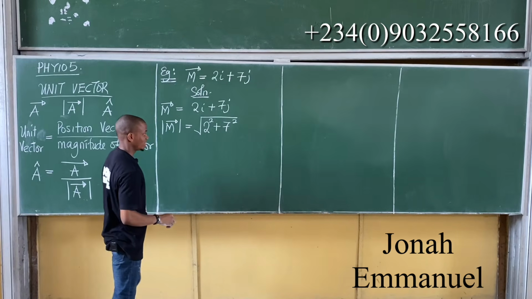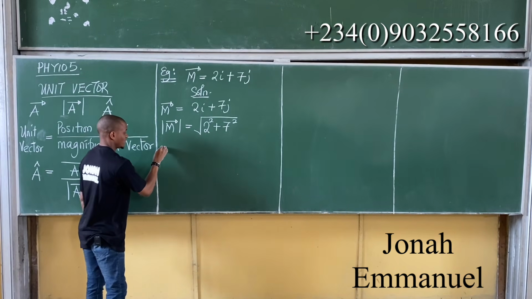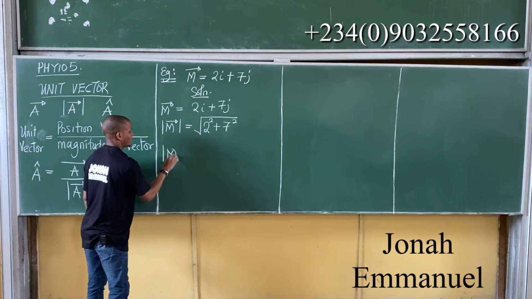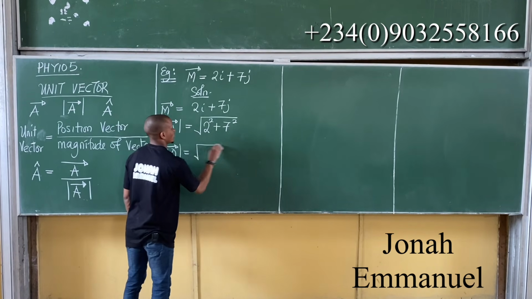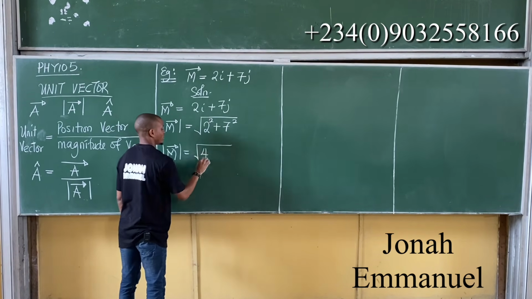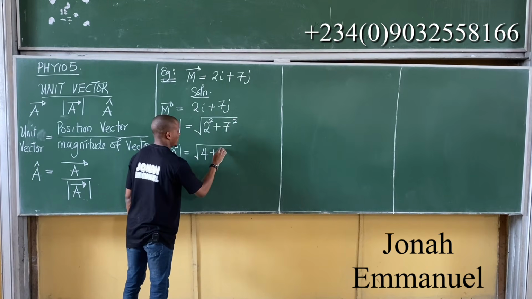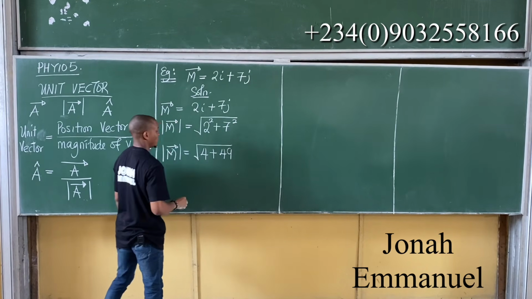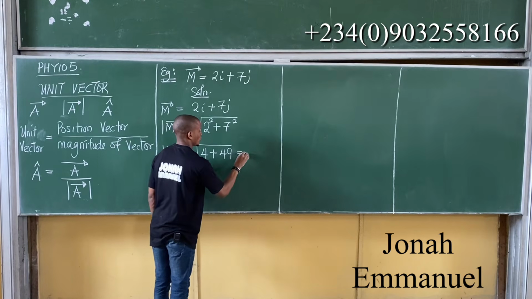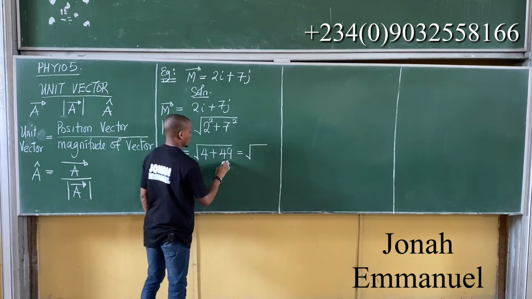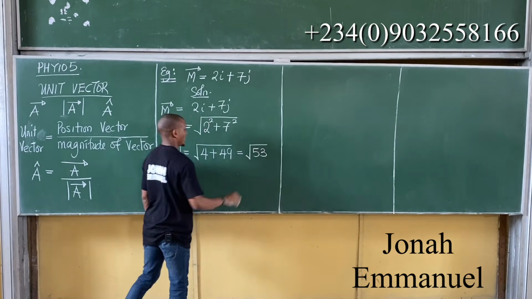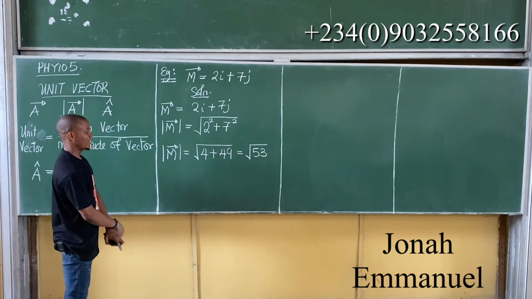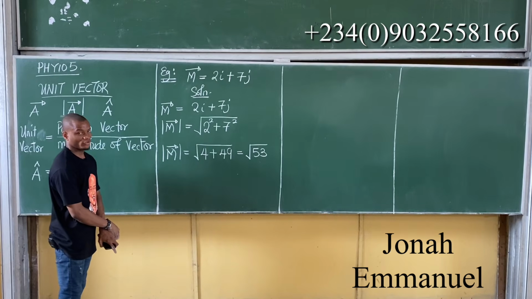So the magnitude of M is equal to the square root of 2 squared is 4 plus 7 squared is 49. This now gives you the square root of 53. So the magnitude of M is the square root of 53.